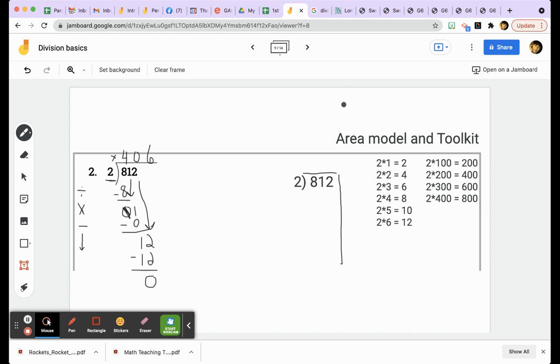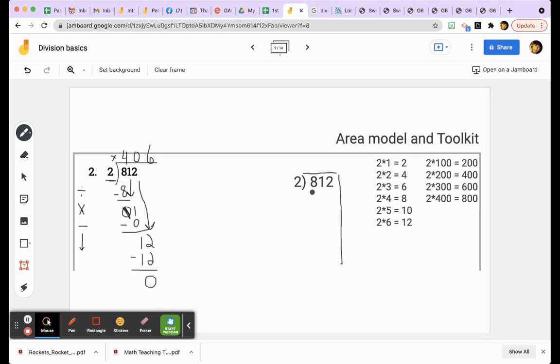So now let's take a look at the area model. Again, I've got a dividend of 812, a divisor of 2. I've written my multiples of 2, and then I've written my multiples of 2 times hundreds.